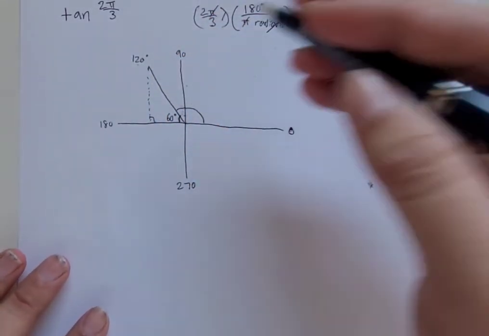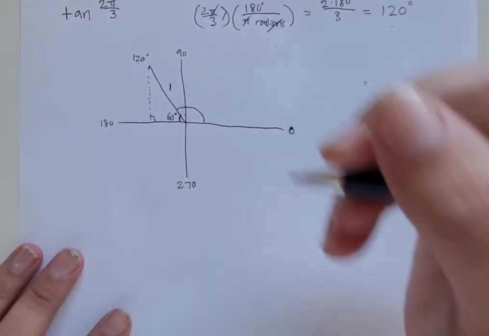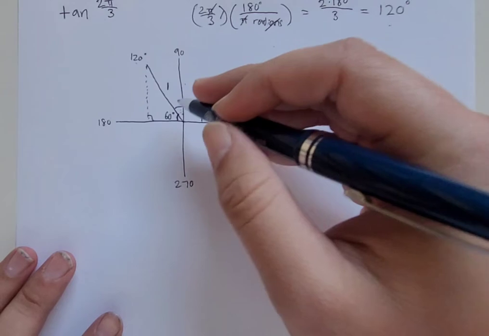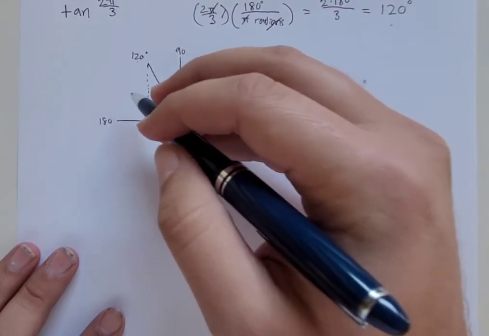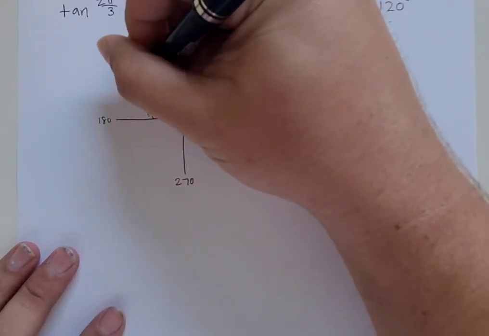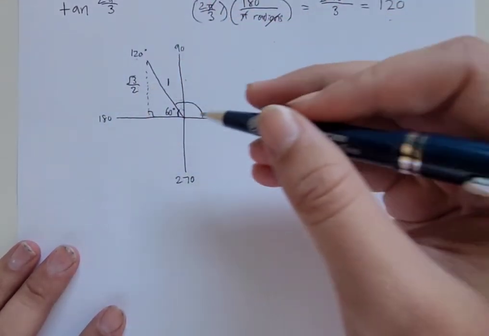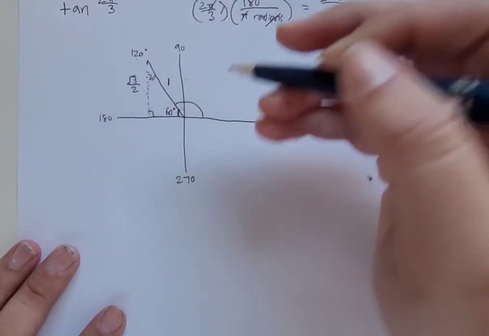All right. And then I'm trying to find tangent. So I know my hypotenuse is 1. And then if we remember, always across from our 60-degree angle is going to be a side length of radical 3 over 2. And then I know this is 30 degrees.